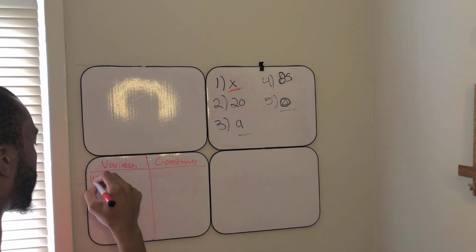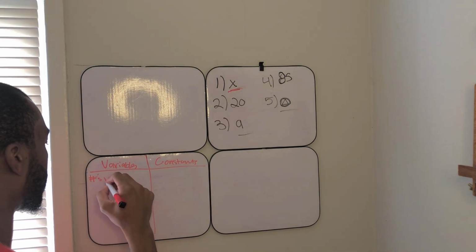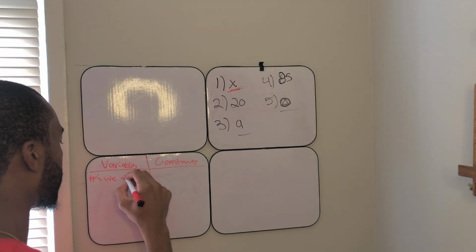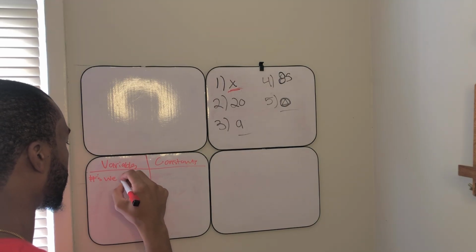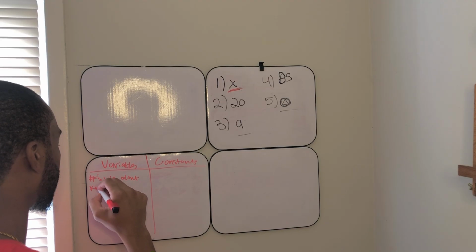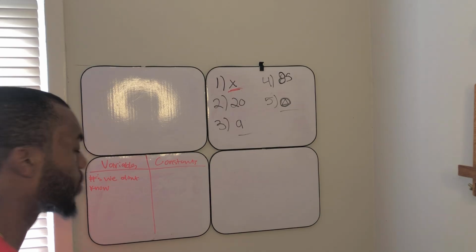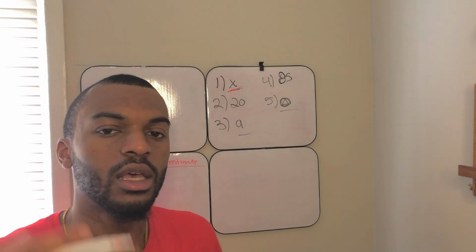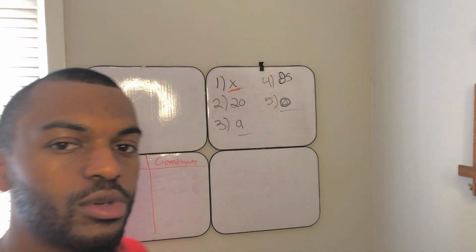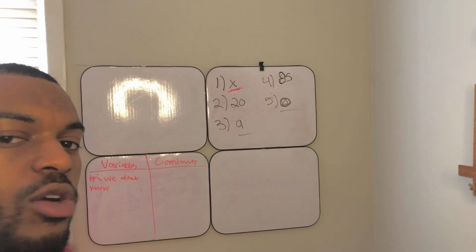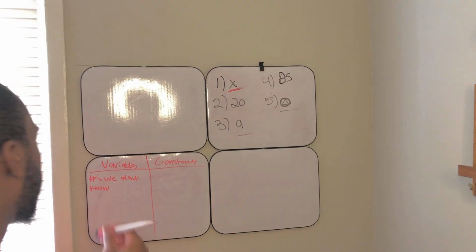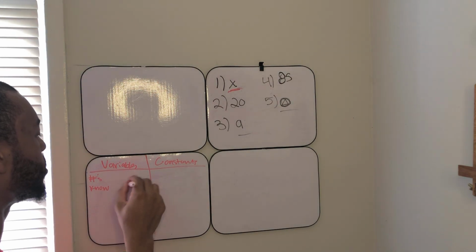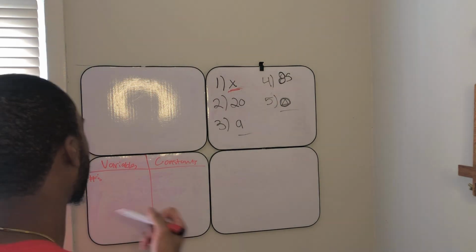Variables are numbers that exist, but we don't know what number it is. That's how I'm going to change up the language just a little bit.